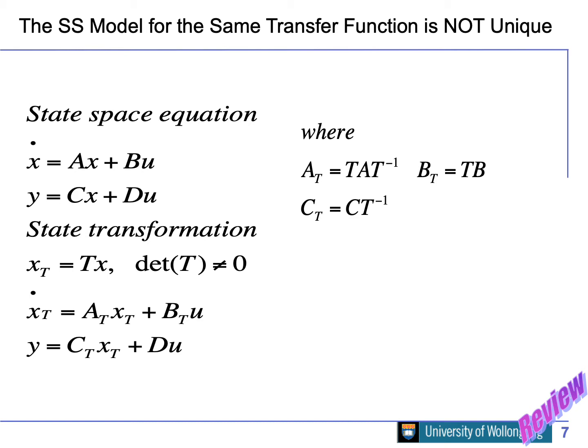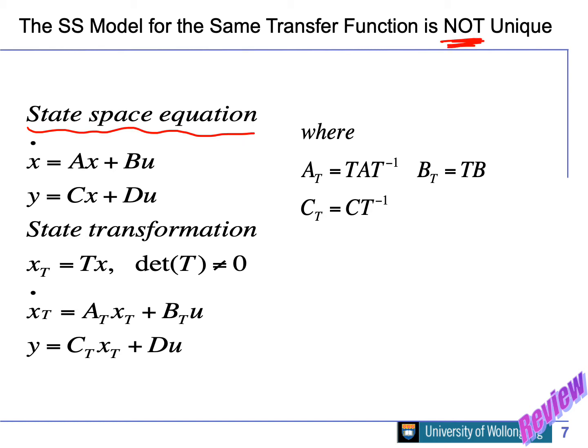You can always change the coordinate reference frame and the object will show up in a different way. Although it's exactly the same thing, because you choose the reference coordinate differently, the representation is different. So the state space equations are not unique.